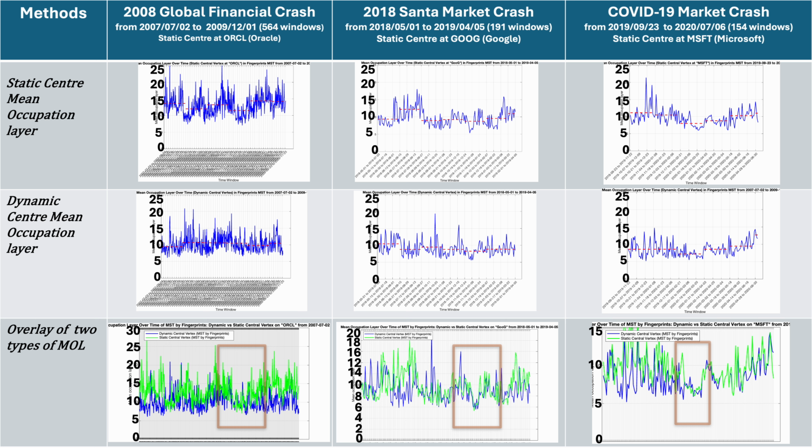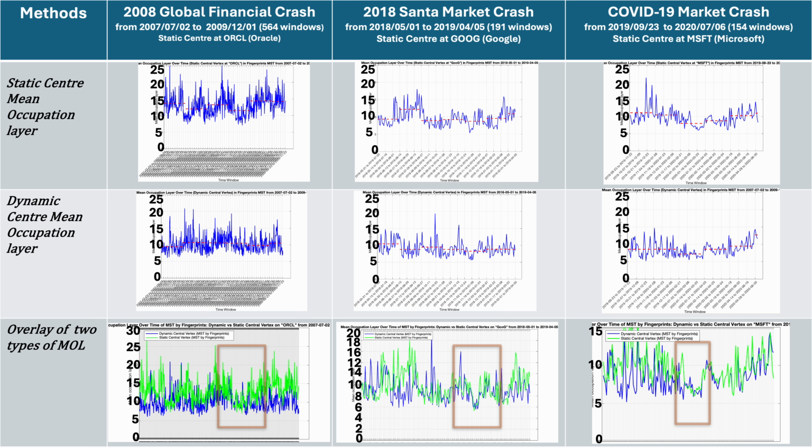In row 3, we overlay the two mean occupation layer series, static in green, dynamic in blue. Notice that outside the crisis period, the static curve remains well above the dynamic. Crucially, during the brown boxed crash windows, the two curves converge, sometimes even coincide, showing a significant drop.